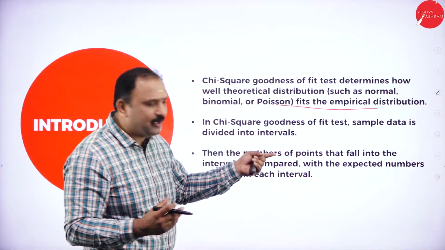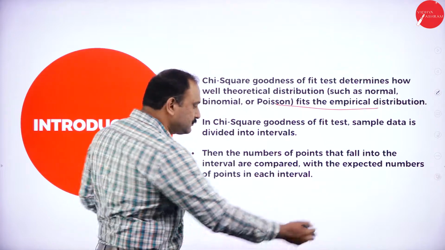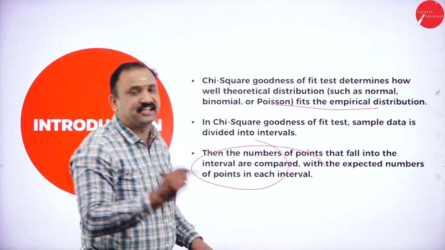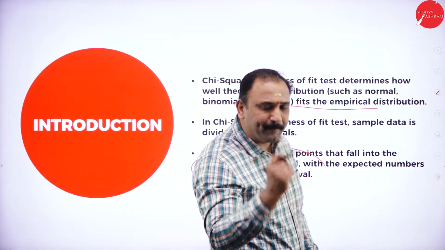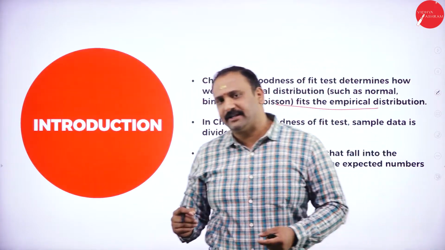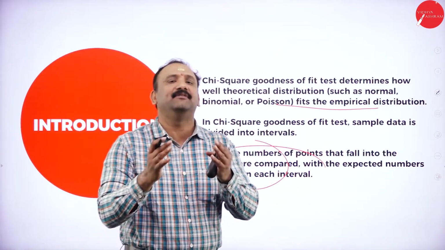Then the number of points that fall into the interval are compared with the expected number of points in each interval. So at each interval, I am going to compare the result versus the expected one to see how close we are in terms of arriving at the result.